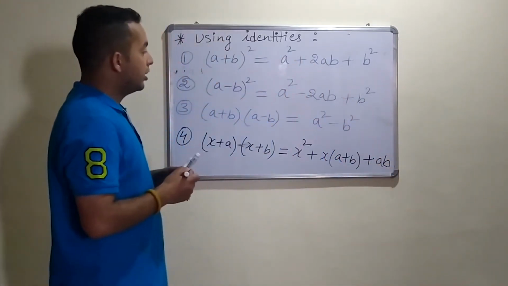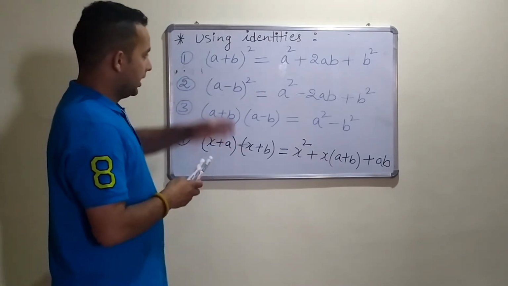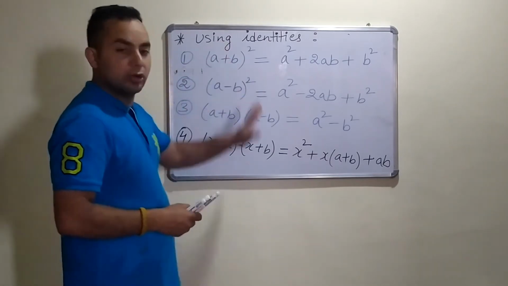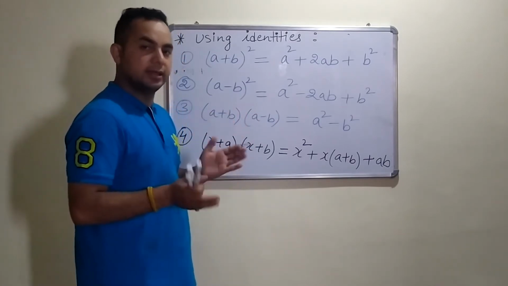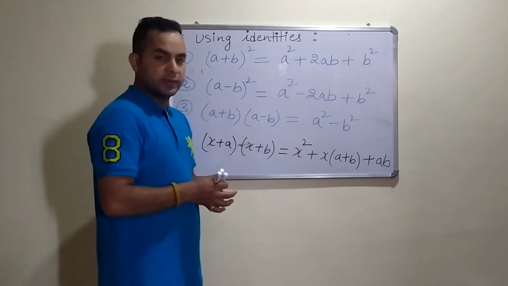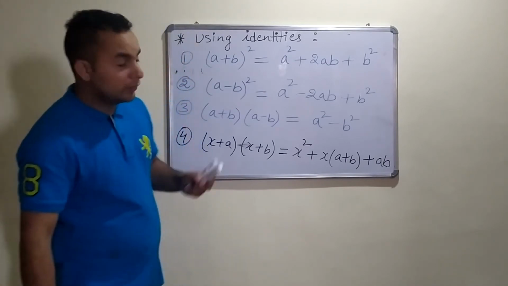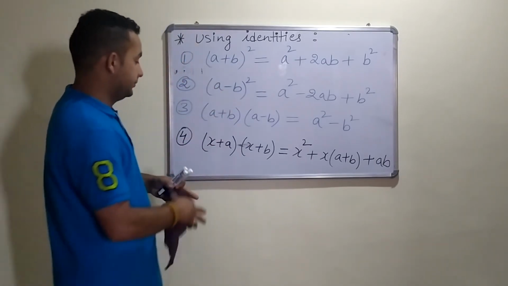Okay class, these are your four identities formulas, and on the basis of these formulas you're going to factorize the expressions. One by one we will discuss it.